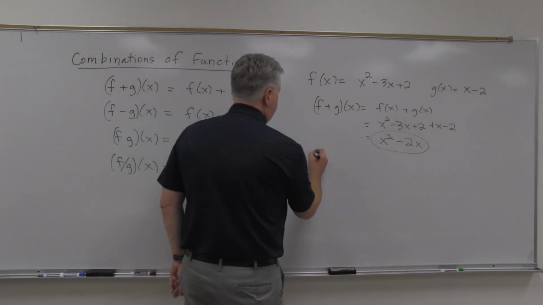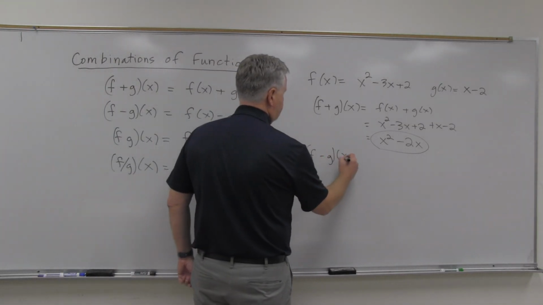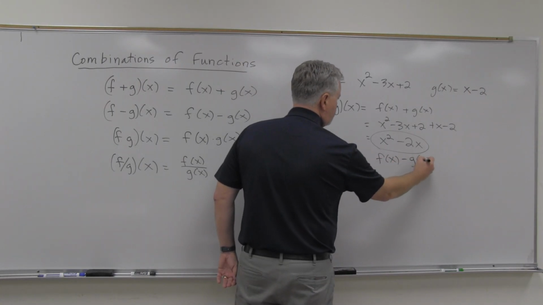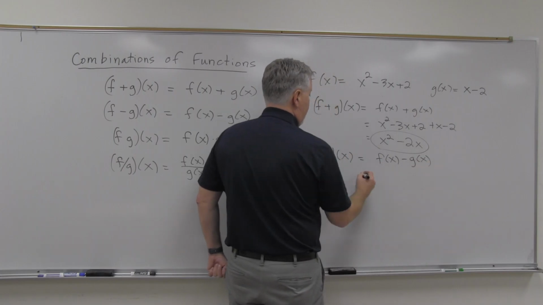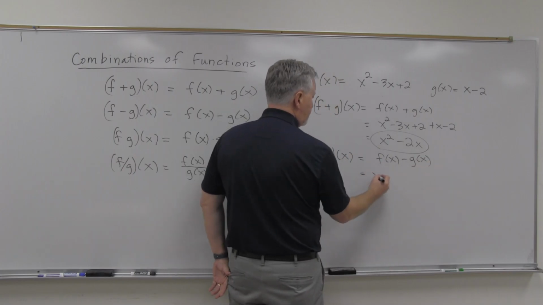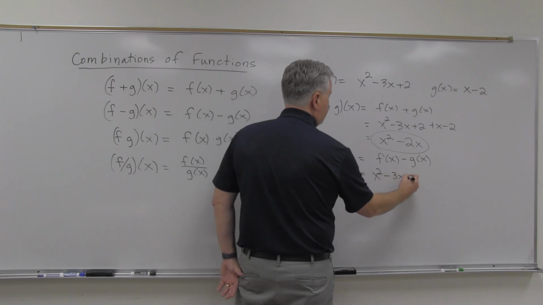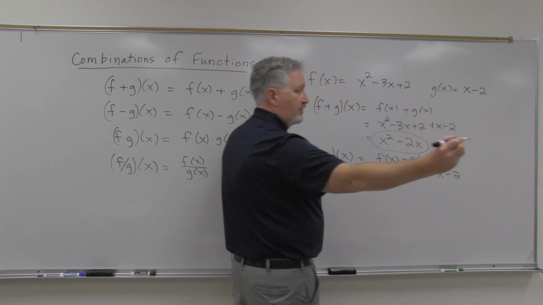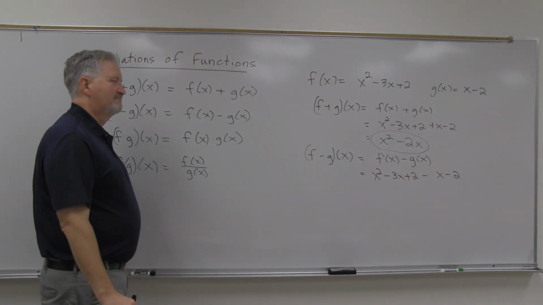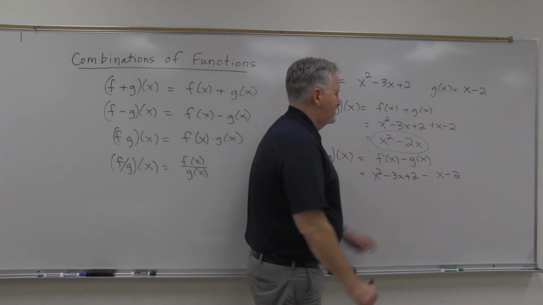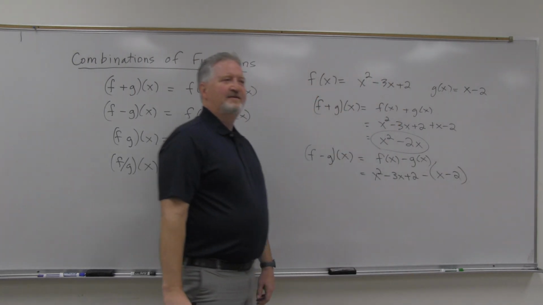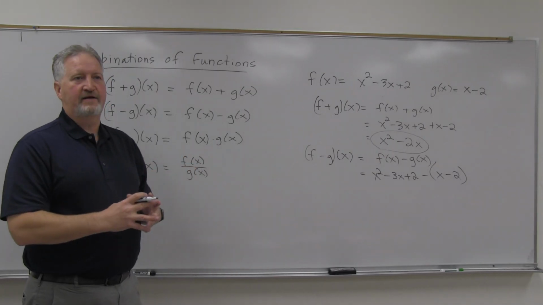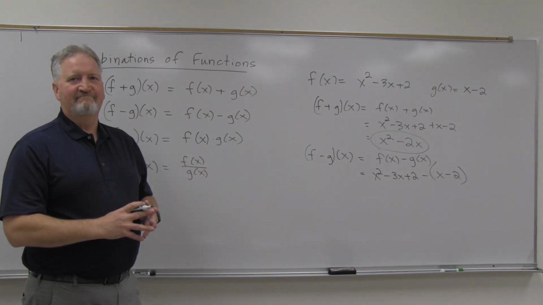Now the minus, the one thing you have to be careful with there. It's f of x minus g of x, and when you write it out that way, it's one thing, but what would be wrong with this? Anybody see a problem with that? Well, you're subtracting the whole g of x, so you've got to somehow note that whole thing is subtracted, because what does that mean?